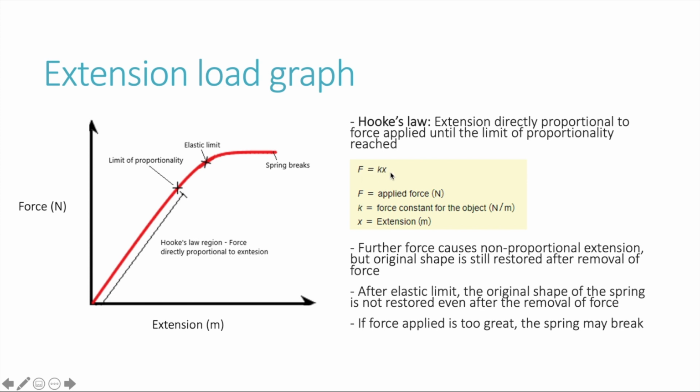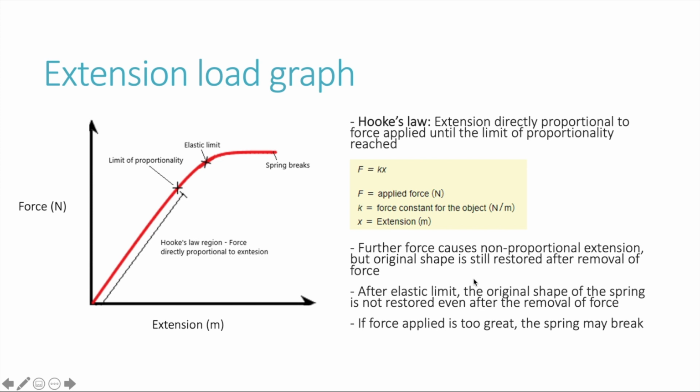Because if you want to divide, you divide the right hand side by x and do the same on the other side, so it becomes F divided by x. Okay, so pretty much force divided by extension becomes the formula for the force constant.